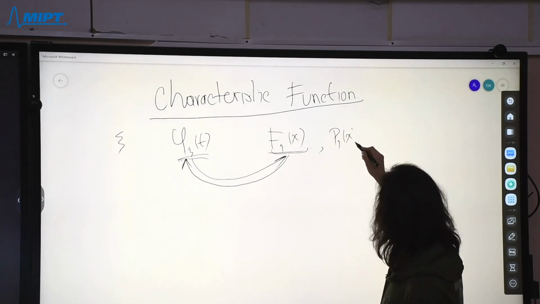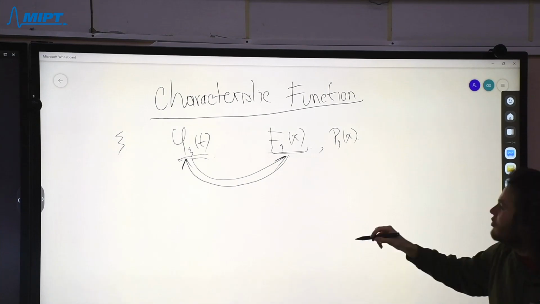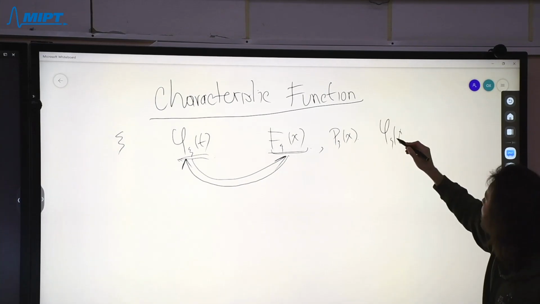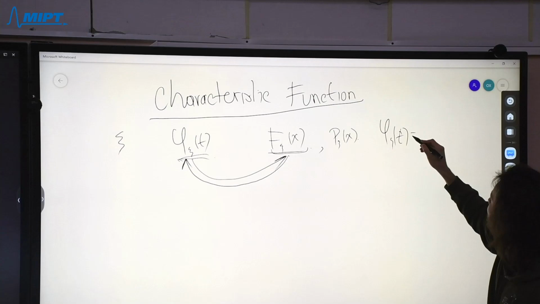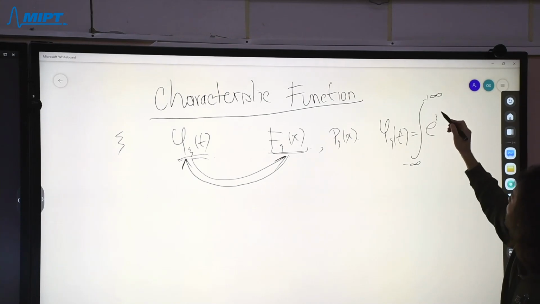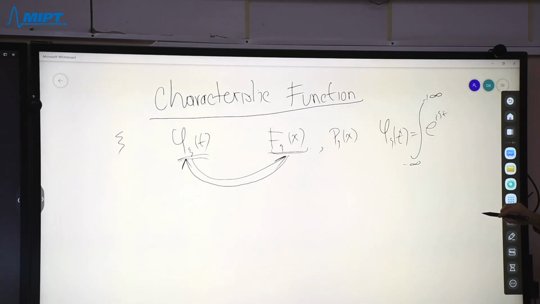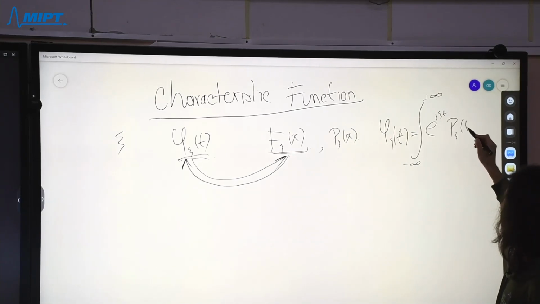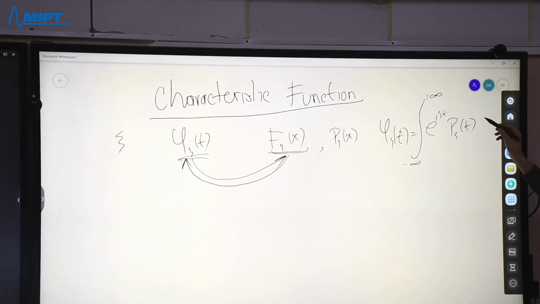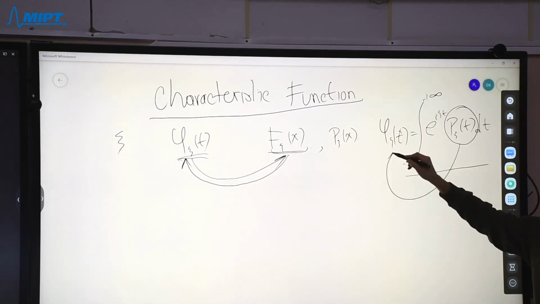And if we have the PDF, then the way in which we can find the characteristic function is the integral from minus infinity to plus infinity of e to the i Psi t times the density. So if we know the density, we can find the characteristic function, right?